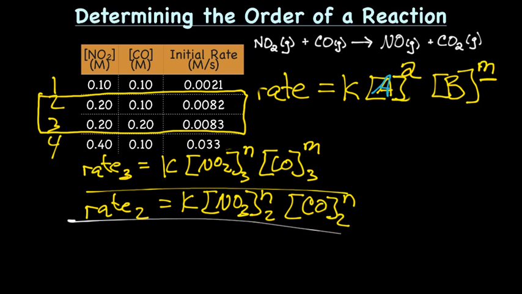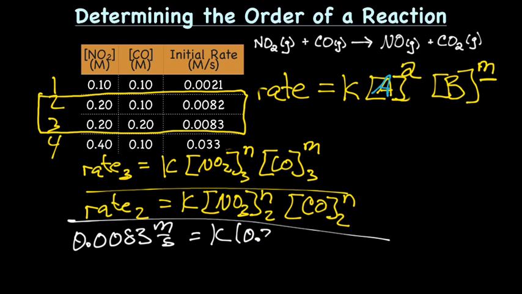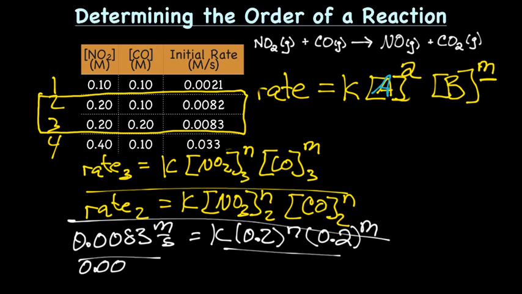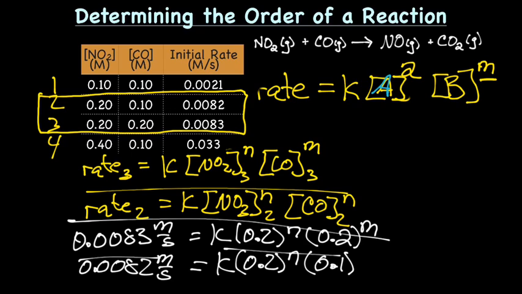Whew. All right, so let's plug this in. Rate 3 is 0.0083, and NO2 at that point is 0.2 to the N, and CO is 0.2 to the M. Then our rate number 2, 0.0082, K, and our NO2 concentration is 0.2 to the N, and our CO concentration is 0.1 to the M. Let's cross out whatever we can cross out.